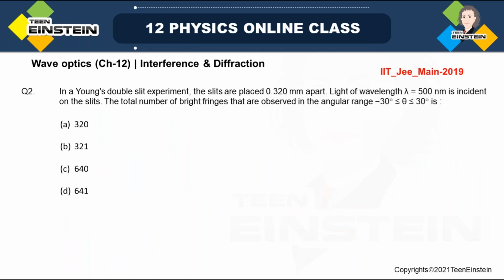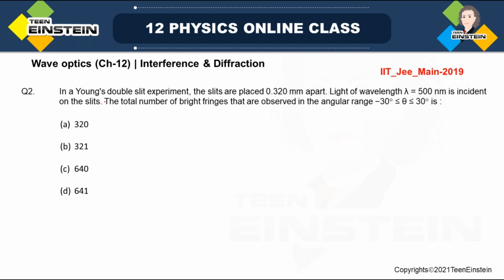Okay, now we'll move on to the second question. This is also from Young's double slit experiment, and as you can see, these questions are from JEE Mains 2019. Maximum questions are taken from there. Now let us read this problem also and try to solve it.